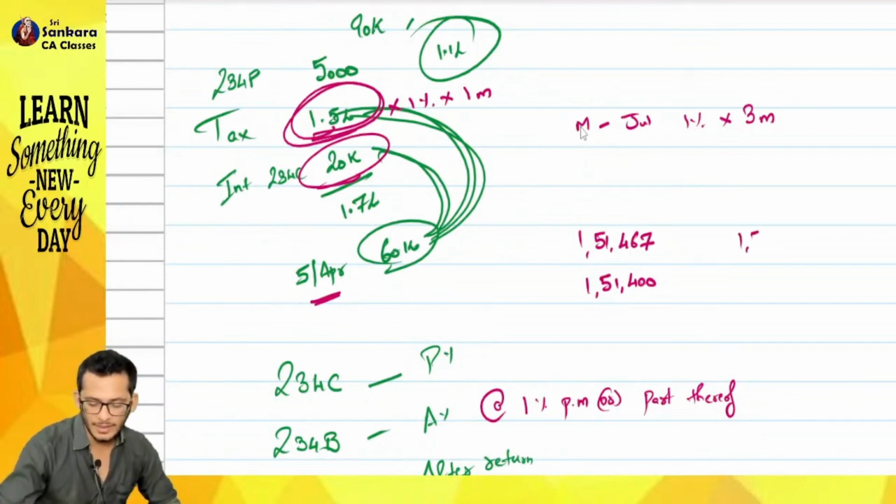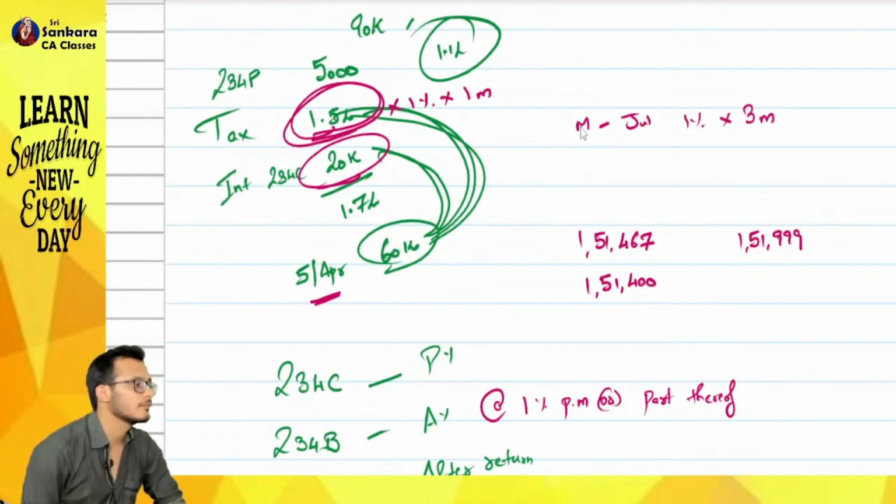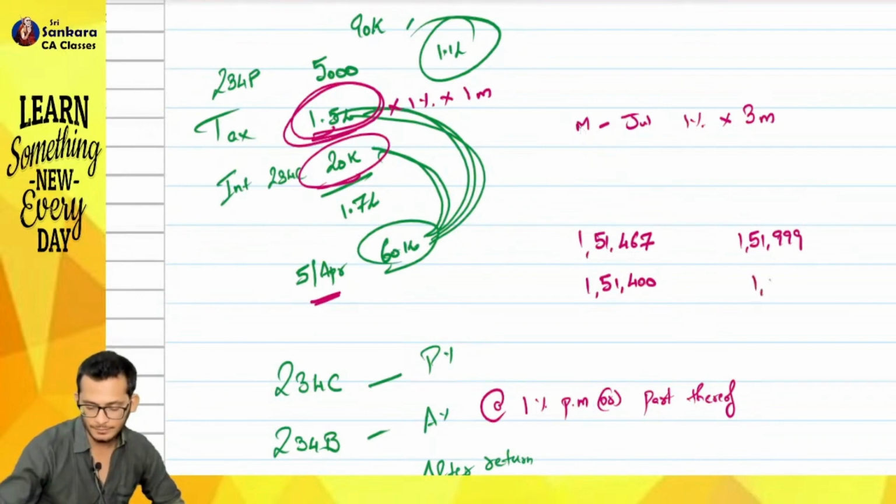If you make it 1,51,999, it becomes 900. Clear?